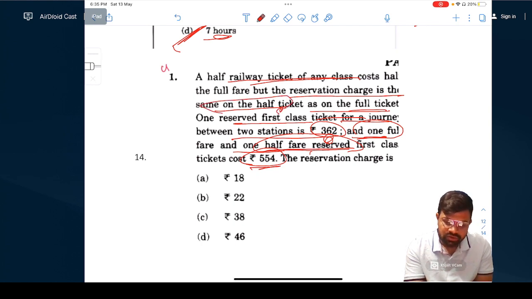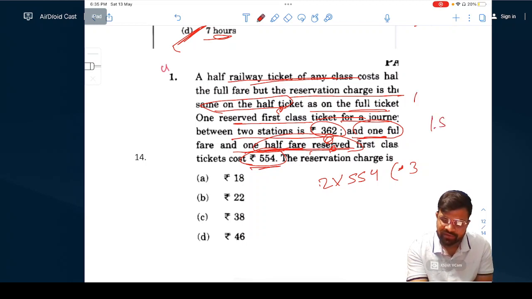Okay, so if you multiply it by 2, like 2 into 54, 1.5, right, so this will become 3. Like 1 full fare and 0.5 half, 1.5, so it will be like 2 full and 1 half.